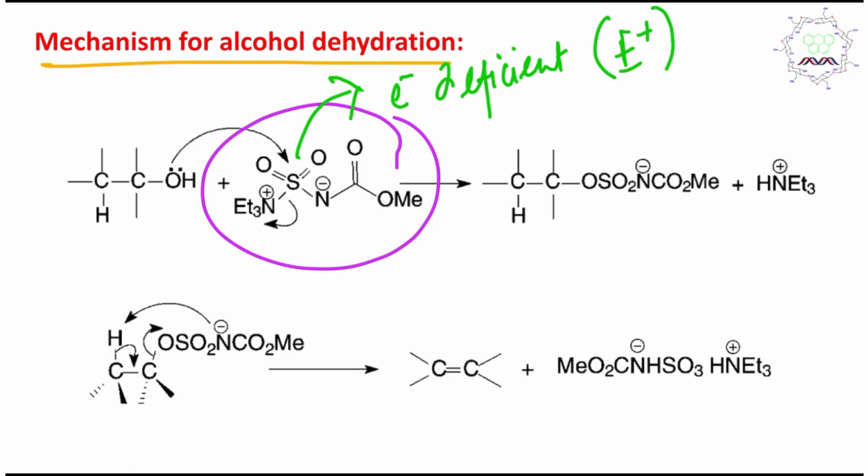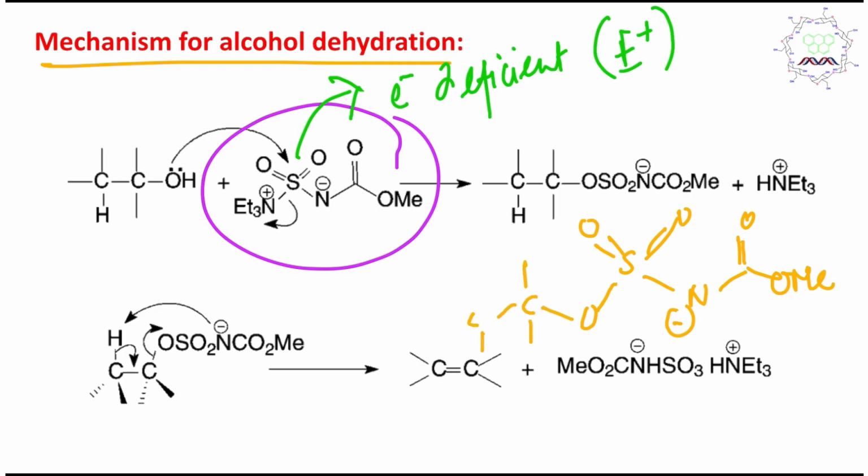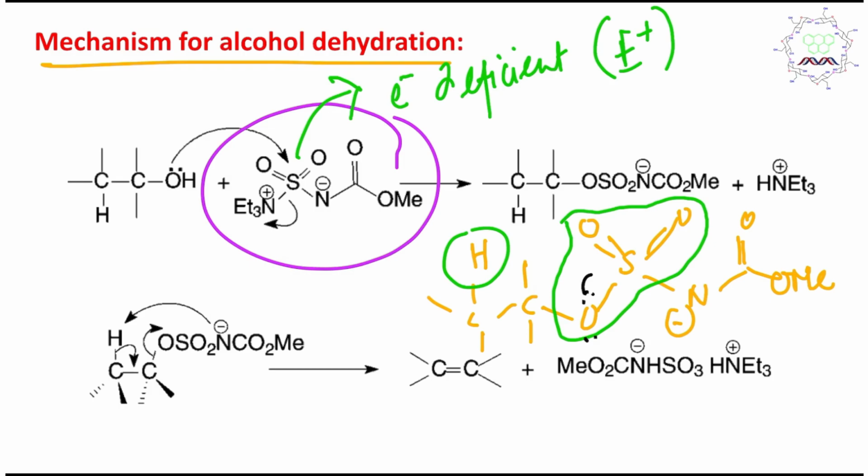Fine. But when this sulfur got attached to oxygen, what do I mean by the statement? Everything is as it is: OMe, and this other O. So this is carbon attached to this, this is carbon, and this is attached to hydrogen, etc. So when this part is attached, if you look at this side, student, this sulfur also has this oxygen, so it can donate its electron pair in this way, and it can open.